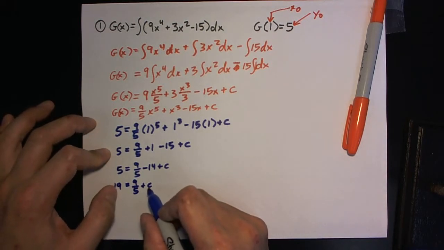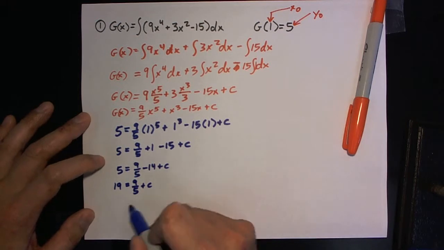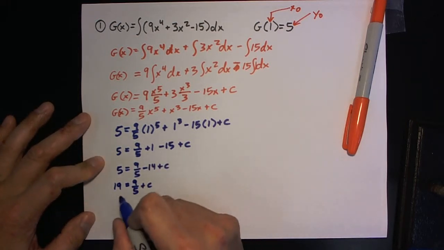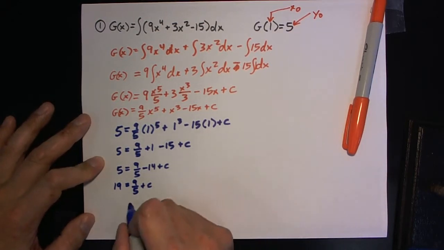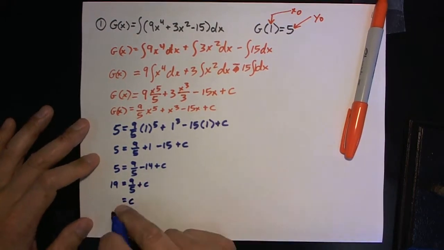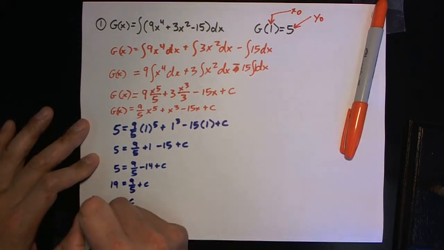And you can either subtract the 9/5 over to the other side, or you can switch the positions of the C and the 19, and by subtracting C from both sides and subtracting 19. Either way, you'll end up with, in the end, this. Let's see, 19 is the same thing as 95/5.